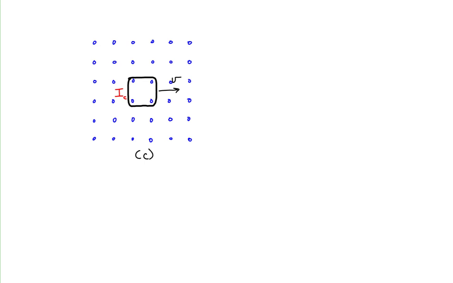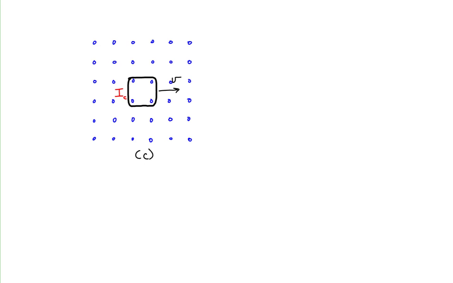For part C, notice that our loop is completely inside the magnetic field. Since the magnetic field is uniform, there is zero change of magnetic flux. The number of magnetic field lines is remaining constant as this loop passes through the magnetic field.